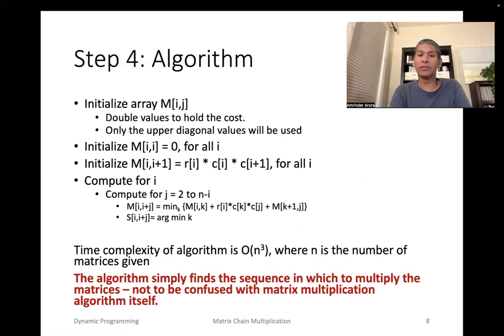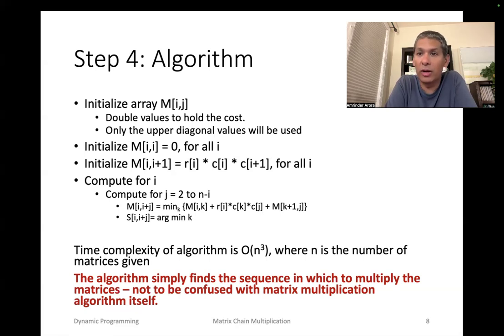Once we have this recursive solution, we see that the algorithm is relatively easy to find. We just have to come up with the sequence here. We initialize m[i][i] to 0. We initialize m[i][i+1] also as a base case, in which you're only multiplying those two matrices. That's simply equal to r[i-1]r[i]r[i+1].